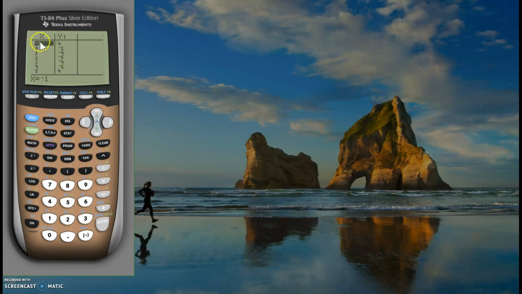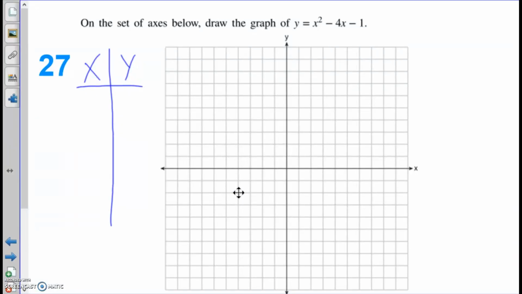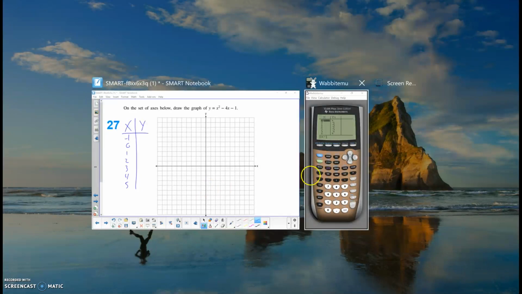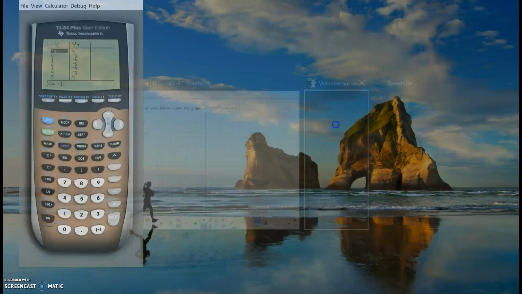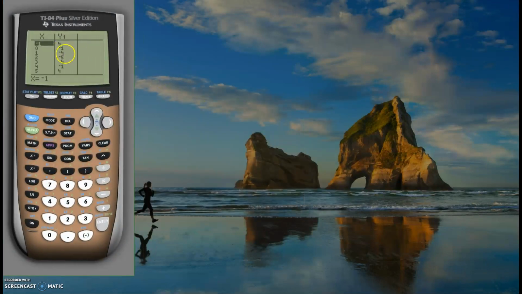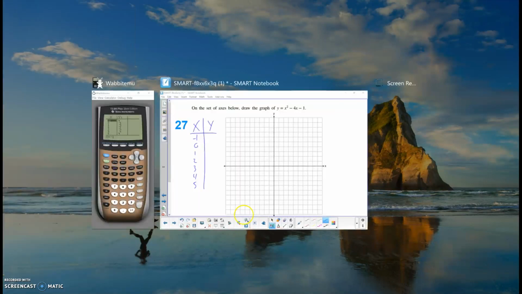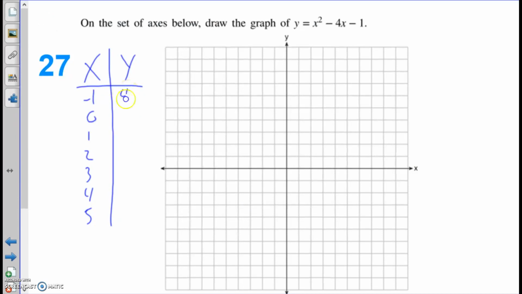And so I'll copy this down. So -1 to 5. So -1, 0, 1, 2, 3, 4, and 5. And then the values are going 4, -1, -4, -5, and then repeats the other way. -4, -1, 4.